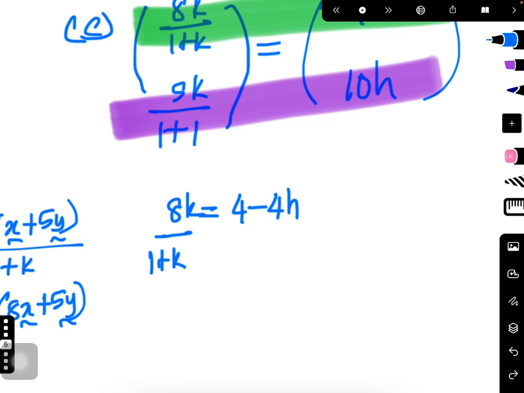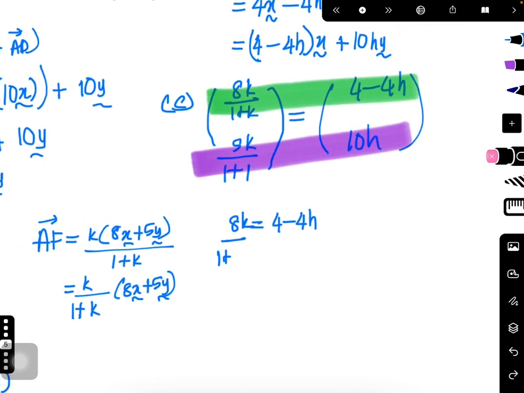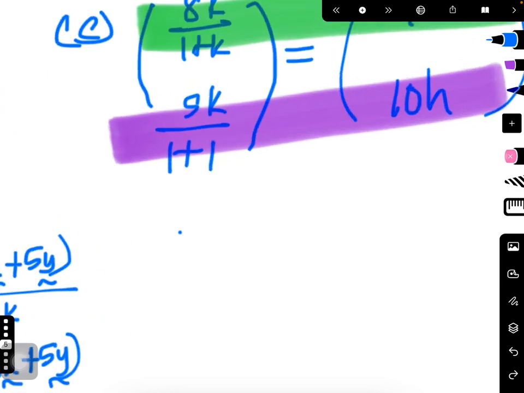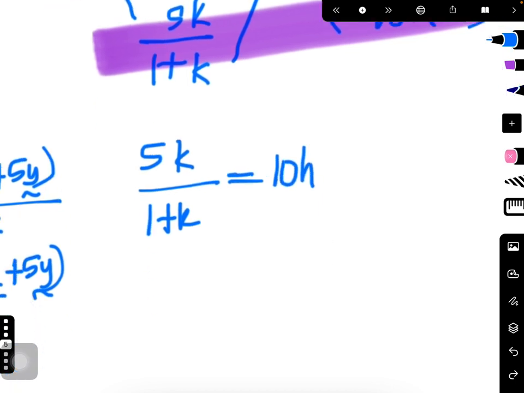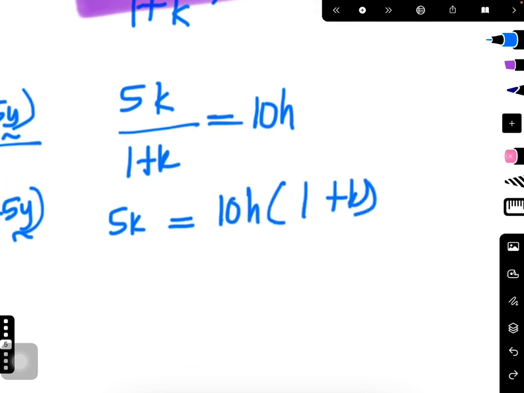We can't use this because it is too difficult and confusing, so we change it into 5k over 1 plus k equal to 10h. So 5k equal to 10h, 1 plus k equal to 10h plus 10hk.